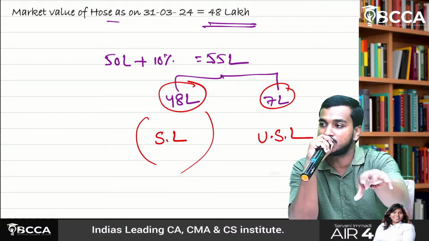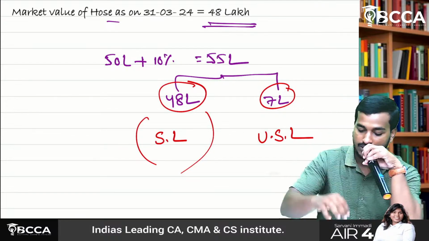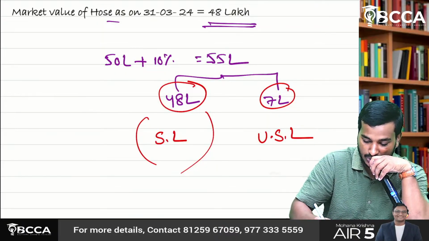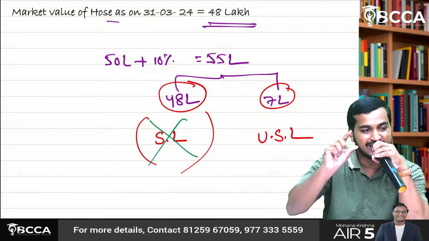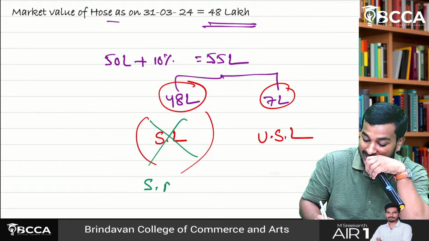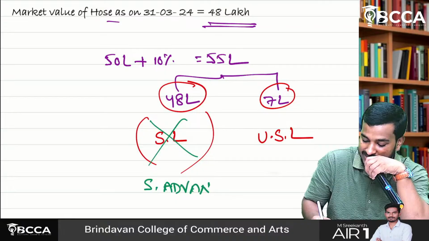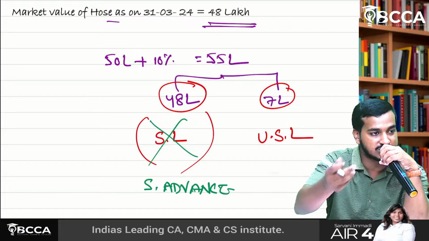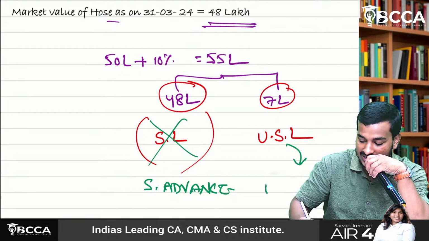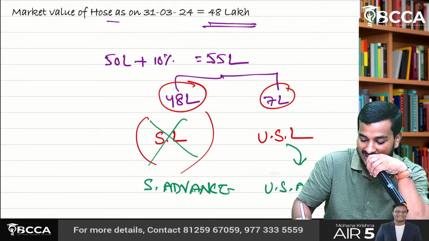For you, that is a loan liability. So that is the reason I should not call it a secured loan. Why? Because loan means liability. I have to call it a secured advance. Advance means I have given to the customer. An unsecured loan, you have to call it an unsecured advance.